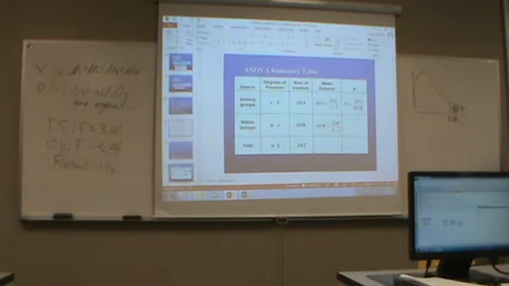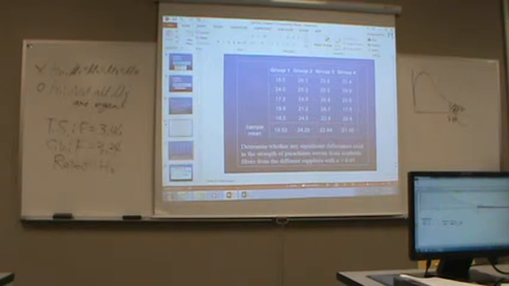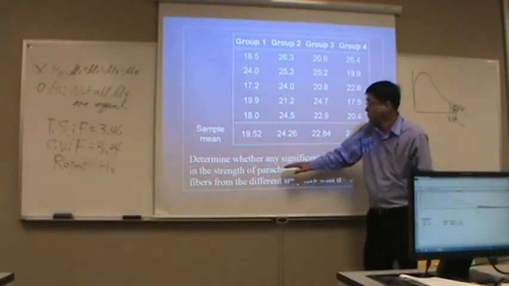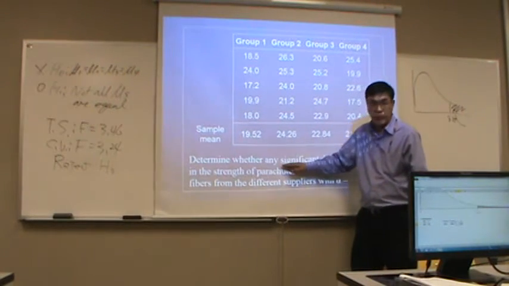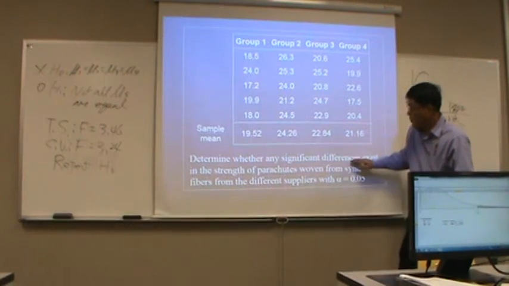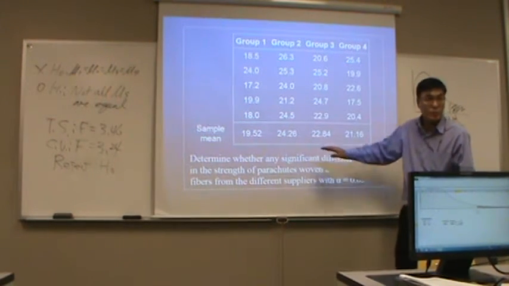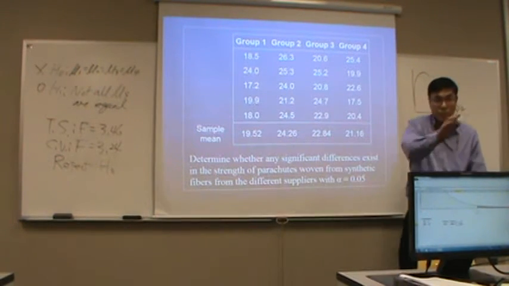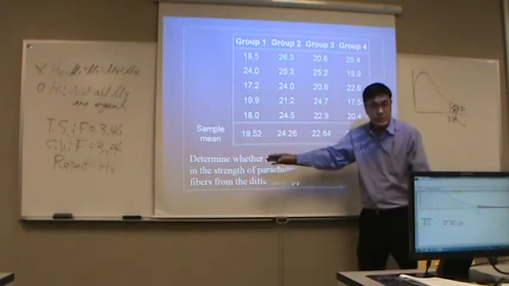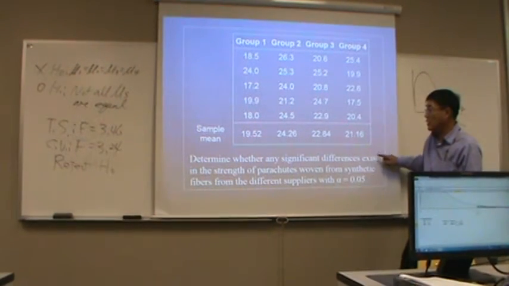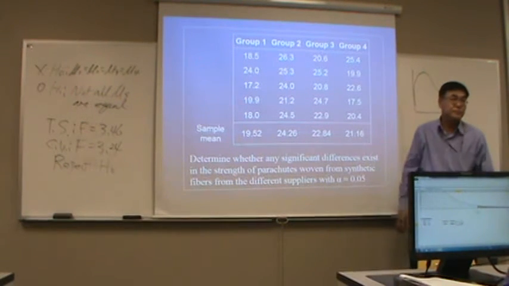From the question, it says to determine whether there is any significant difference. So the difference is true, right? So you can say there is evidence that a significant difference exists in the strength and so on.